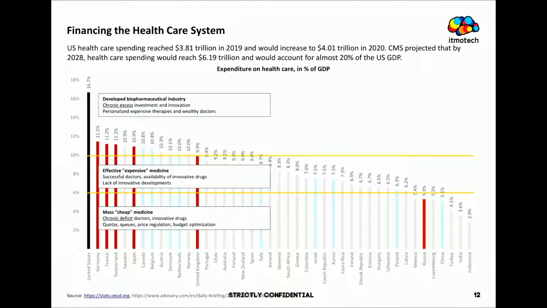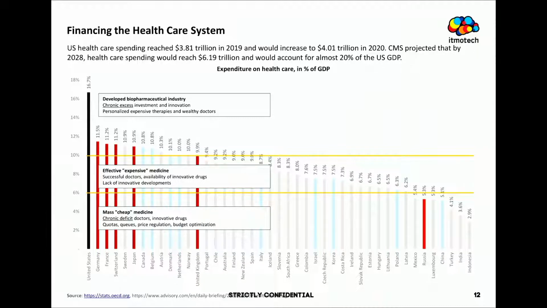And of course, there will be a shortage of doctors. There will be queues for innovative drugs. There will be quotas to get the drug, and this is, in my view, totally unacceptable. If we believe that the value of human life is invaluable, then there could not be quotas for getting the drug. The whole concept is kind of wrong.